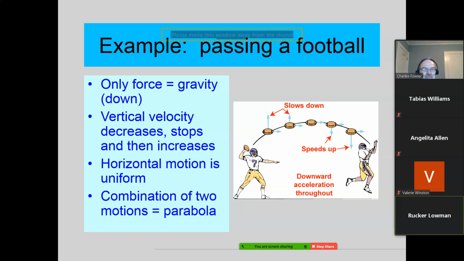Why is a rifle called a rifle and a shotgun called a shotgun? Aren't they doing the same thing? They're throwing something out into the air. Does anyone know why the rifle is called a rifle? Yes. Yeah, exactly. That's why they call it that. Rifling. It's not a good idea to look down the barrel of a gun, okay?